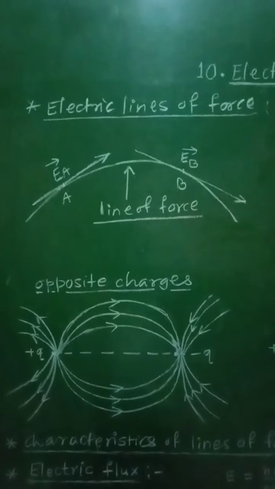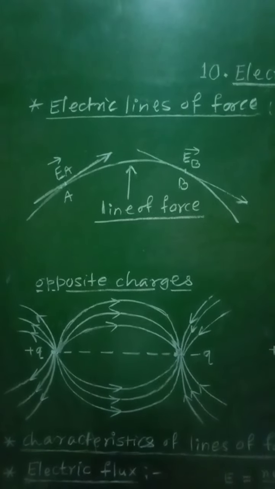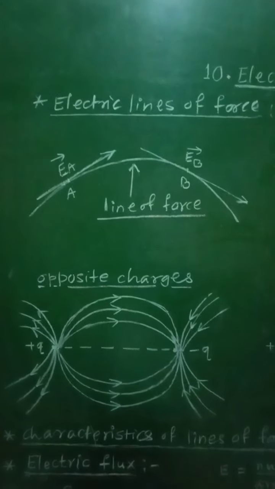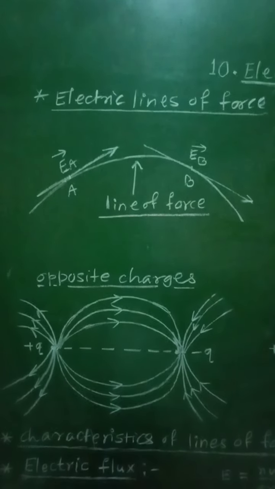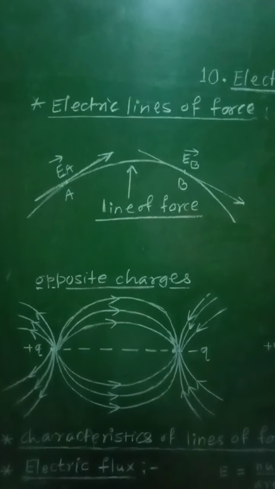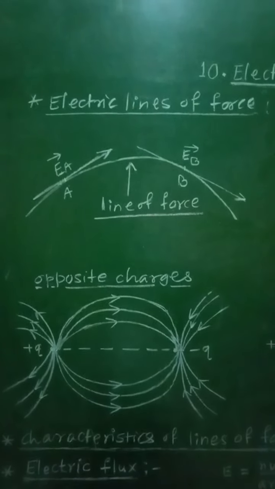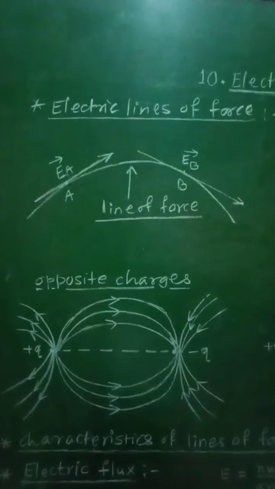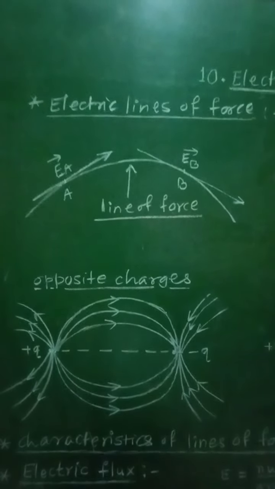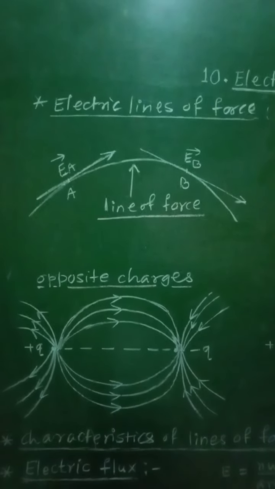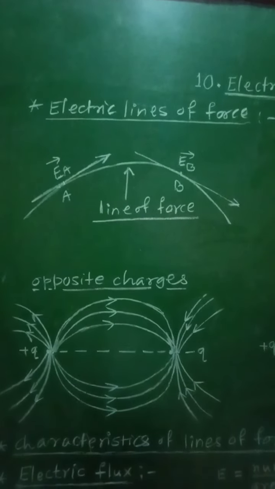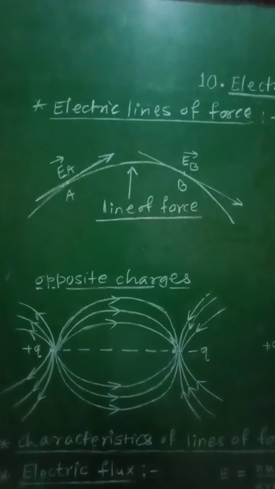An electric line of force is an imaginary curve drawn in such a way that the tangent at any given point on the curve gives the direction of electric field at that point. If a test charge is placed in an electric field, it will be acted upon by a force at every point in the field and will move along a particular path.